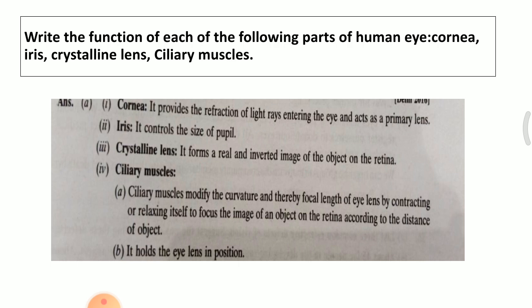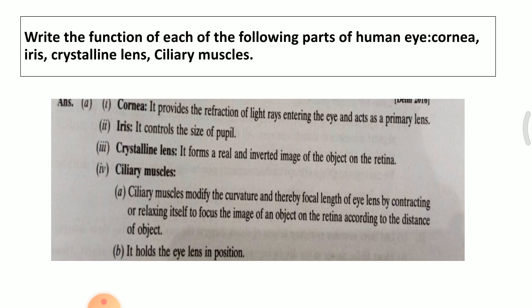Ciliary muscles. Ciliary muscles modify the curvature and thereby the focal length of the eye lens by contracting or relaxing to focus the image of an object on the retina according to the distance of the object. When we are looking at a nearby object, the ciliary muscles contract, so the eye lens becomes thicker.